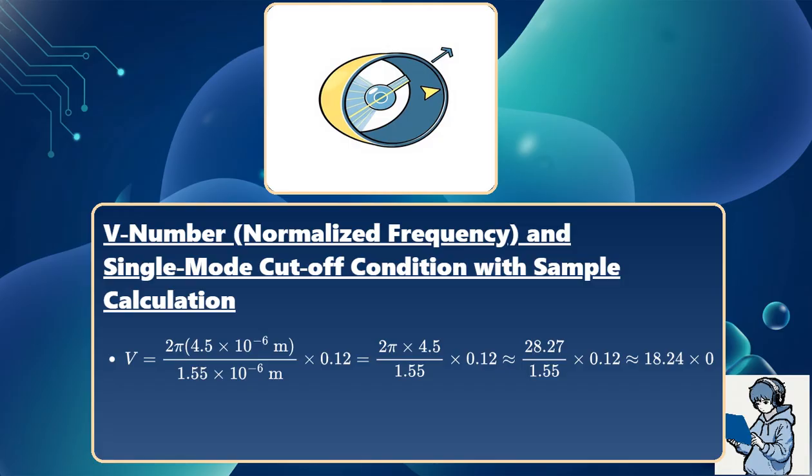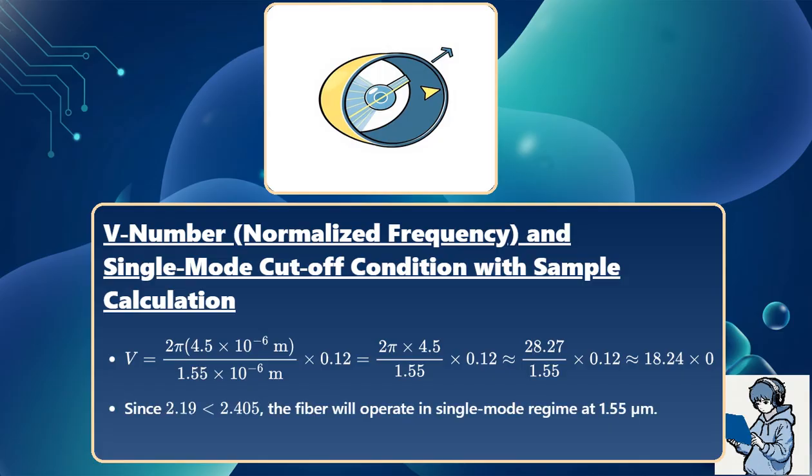That equals 2π × 4.5 / 1.55 × 0.12, approximately 28.27 / 1.55 × 0.12, approximately 18.24 × 0.12, approximately 2.19. Since 2.19 is less than 2.405, the fiber will operate in the single-mode regime at 1.55 micrometers.